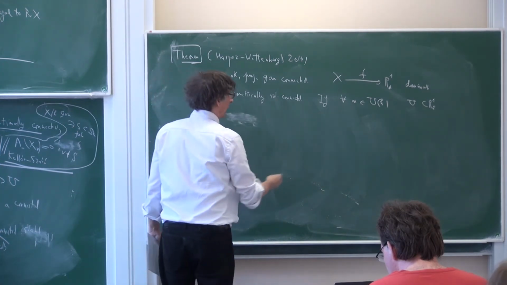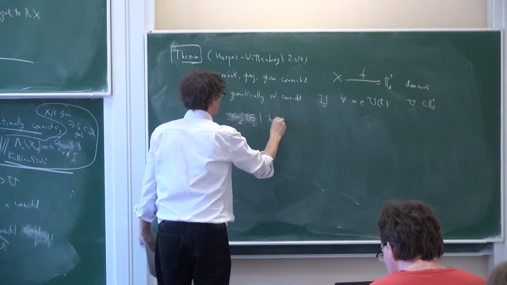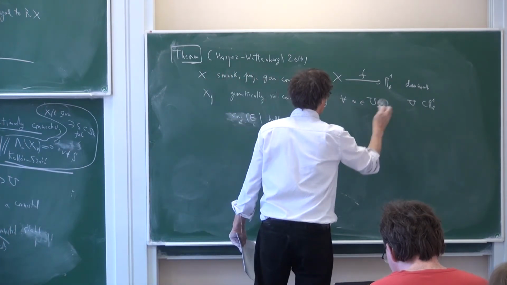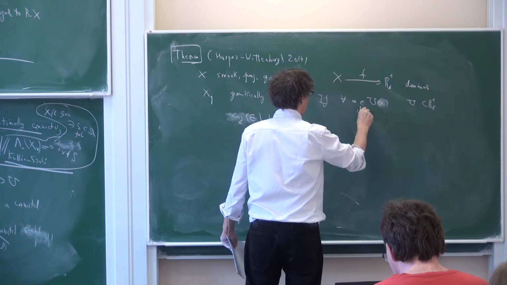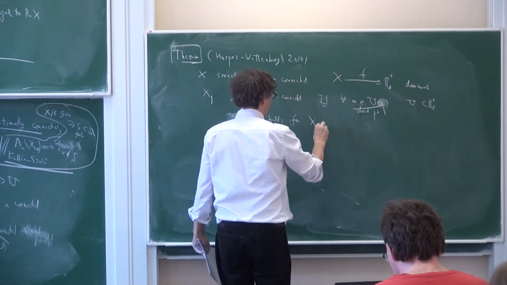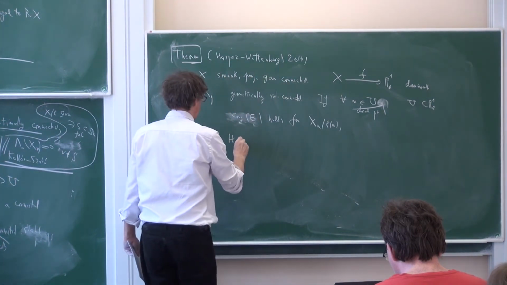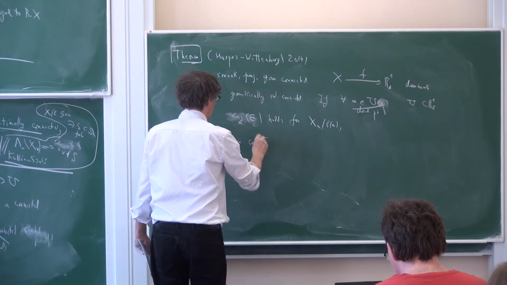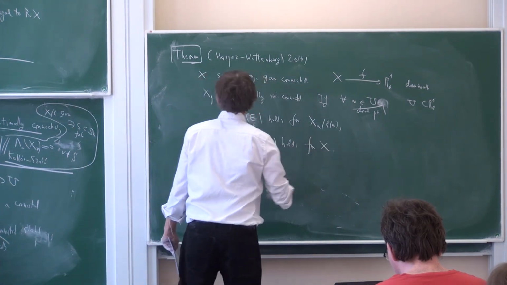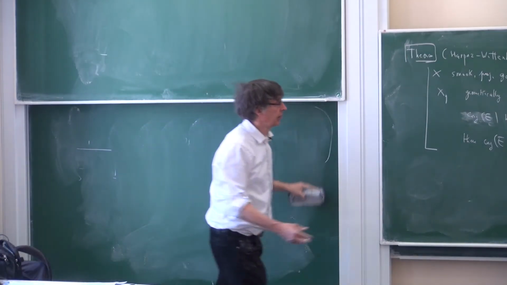If for all closed points M in U, conjecture E holds for X_M over the field k(M), then conjecture E holds for X. There's some U; you can make it as small as you want.